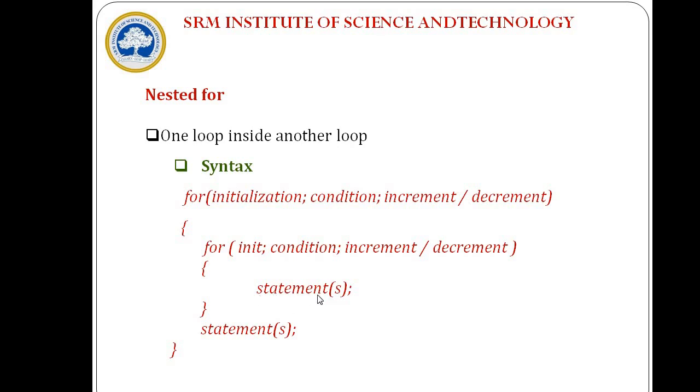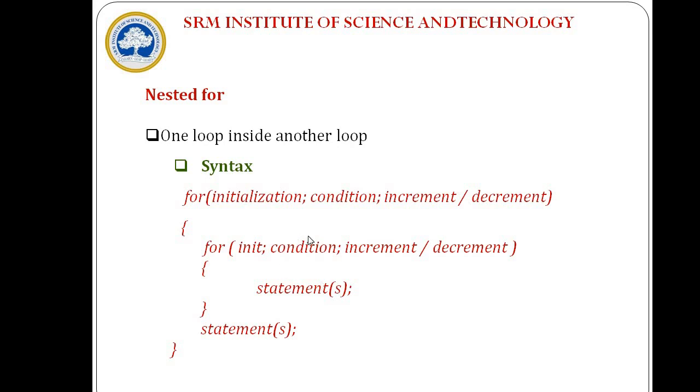After executing the body, it will increment or decrement the loop control variable. Again it will check the condition placed inside the inner for. This inner for will keep on executing until the condition fails.